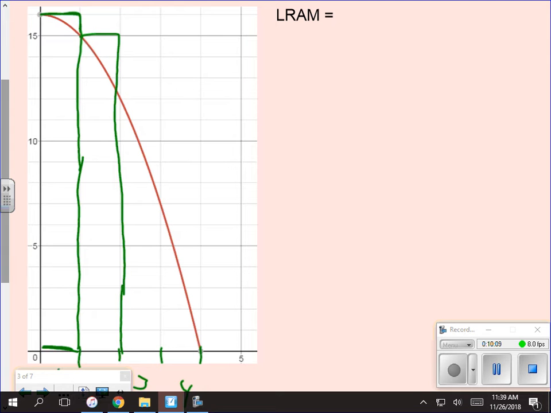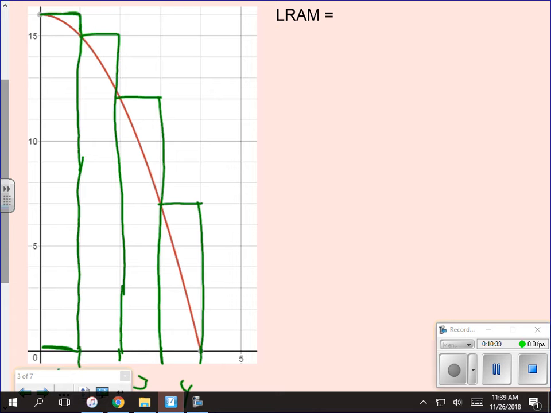The left-hand side determines the height of a rectangle on each one of those. That's an LRAM. I go up the two sides, and I go until my left hand hits the curve, and then I go over, that's the top. My right hand just goes up as high as my left hand does. When my left hand hits the top of the curve, that's where I stop.